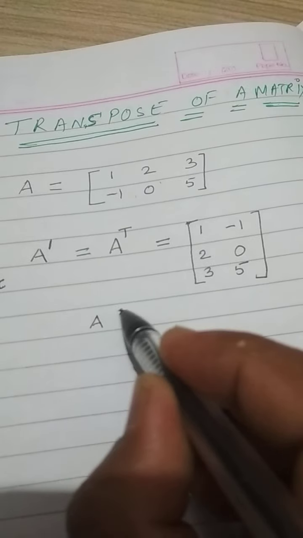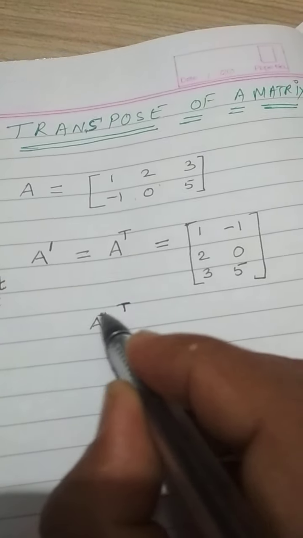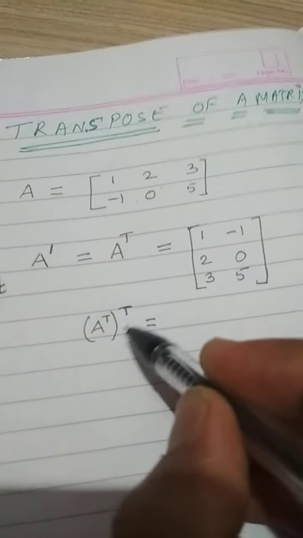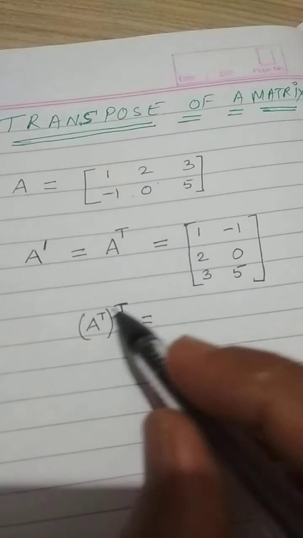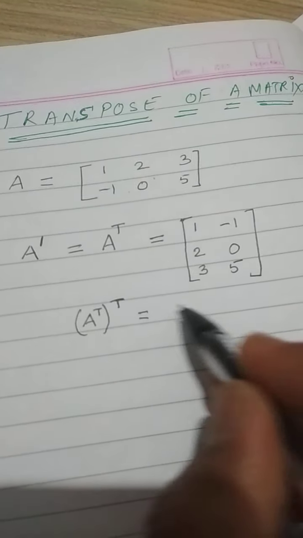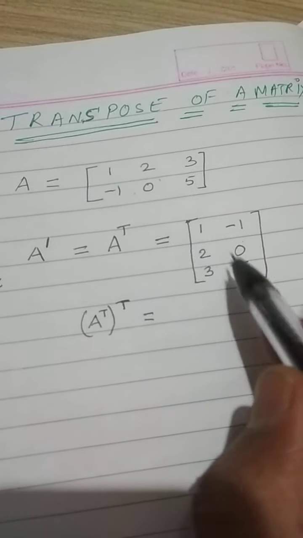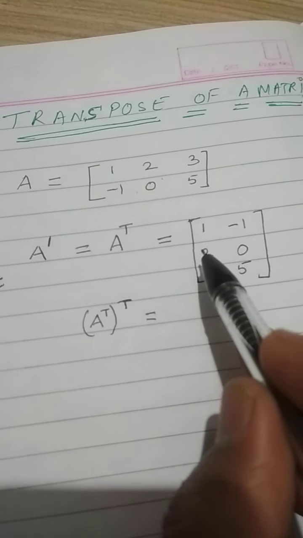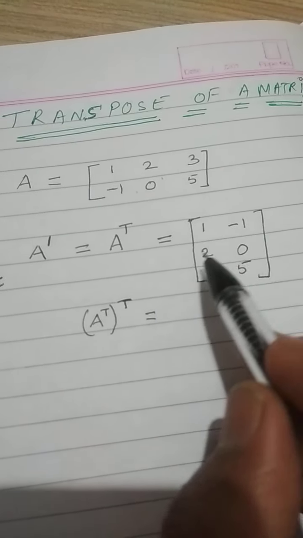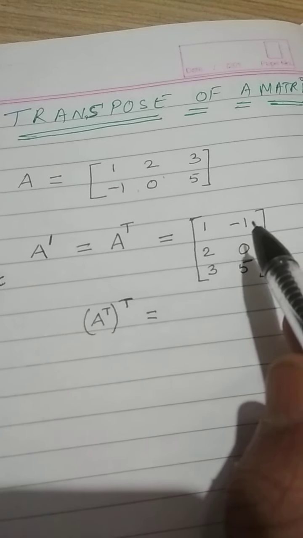So if you want the transpose of matrix A transpose, then it is very clear that we have to convert these rows into columns.